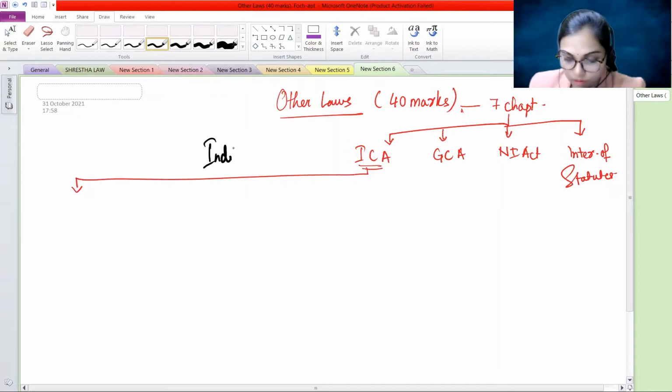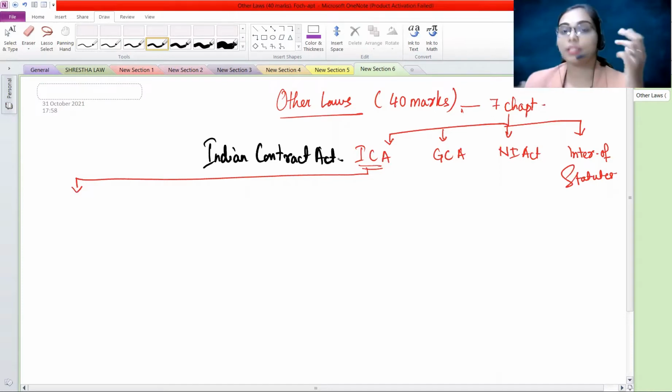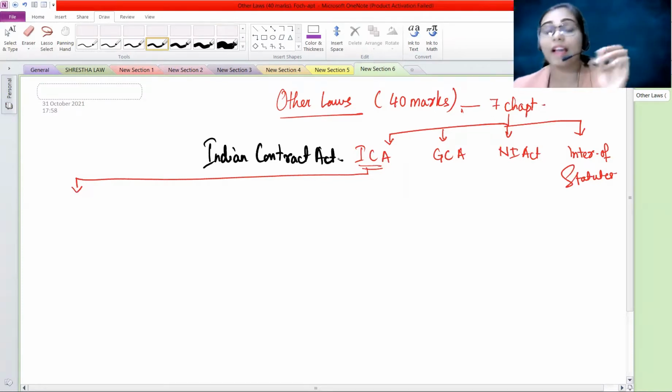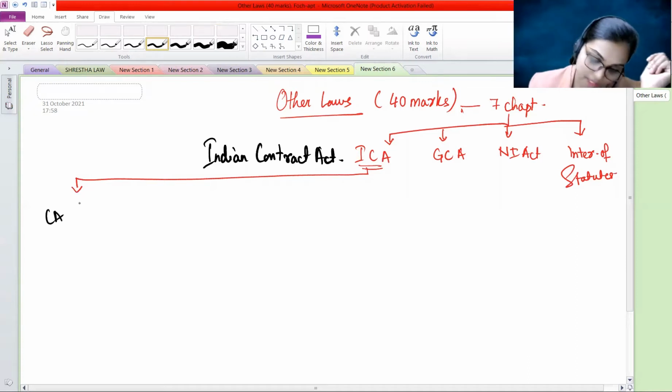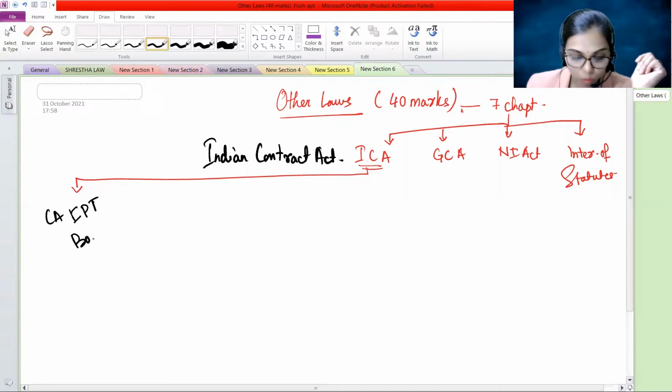Indian Contract Act. Now let's understand what is the Indian Contract Act. The first thing we read at our basic level, in CA CPT, was what is a contract, what are the different ways of making a contract, what are the essentials of a valid contract, and many other things.